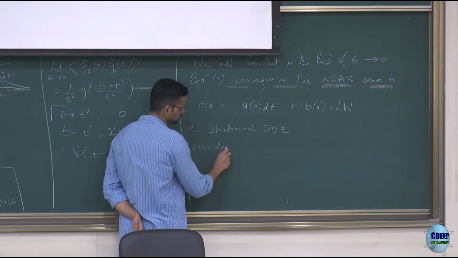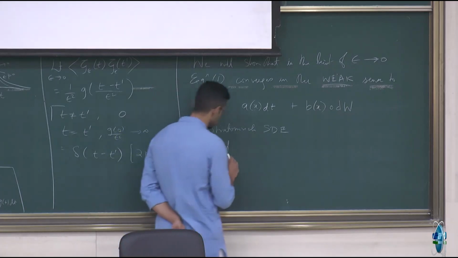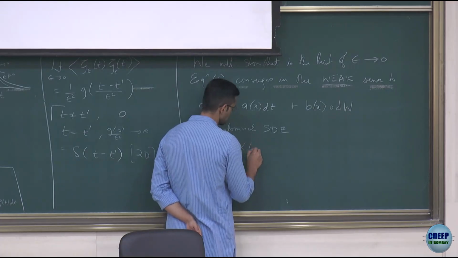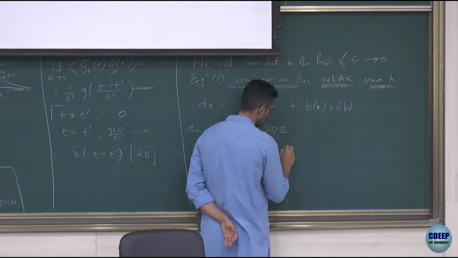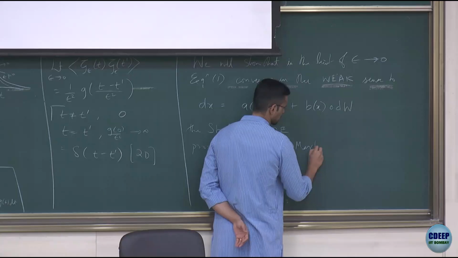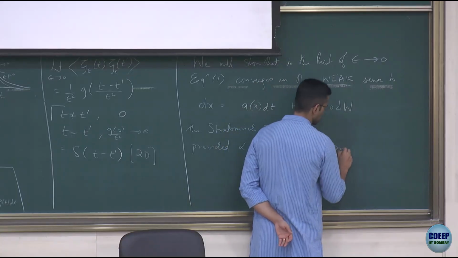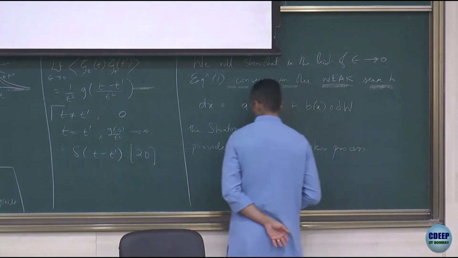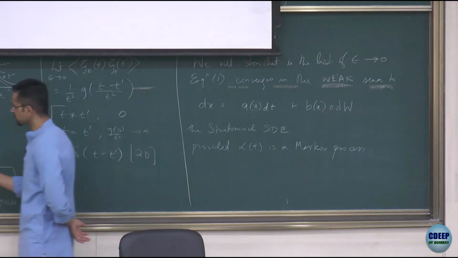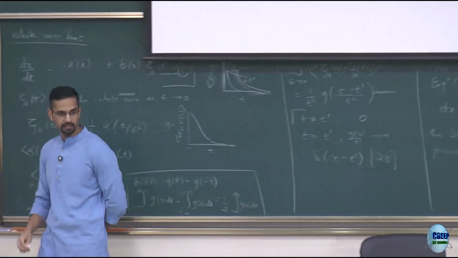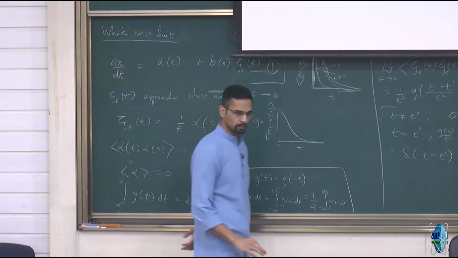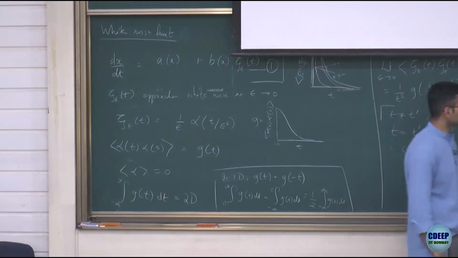And we are going to do this with one restriction. We are going to require alpha of t, on which I am basing this zeta, to be a Markov process. Only in that limit I will be able to prove this.